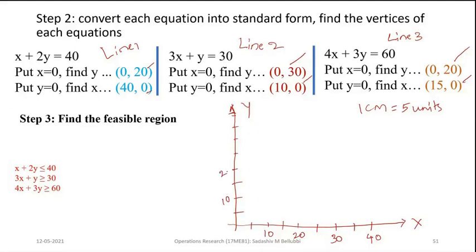One more thing: the scale should be the same for both axes. Usually in the FM lab and EC lab we change the scale for each axis, but in this case the scale should be the same for both axes because we need to draw straight lines.